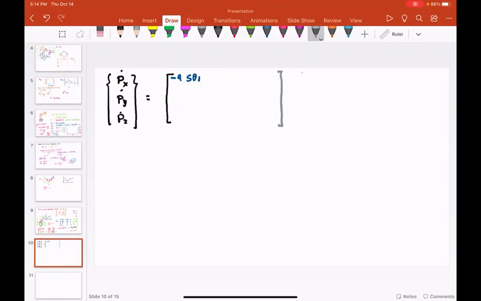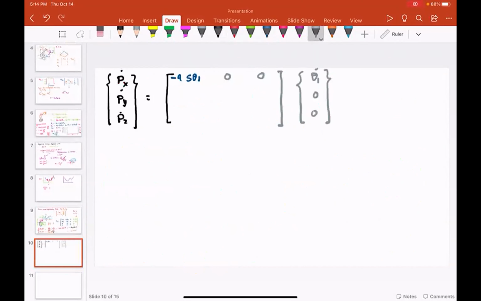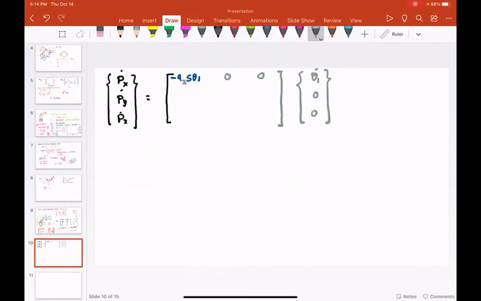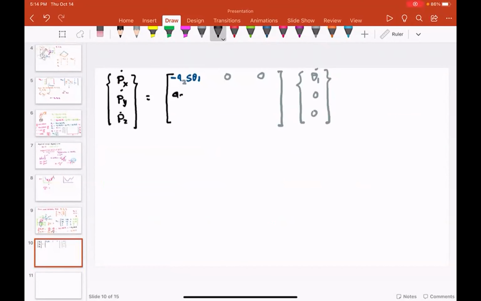Even though this matrix will be unpopulated, A2 sine theta 1 goes here, and here there will be 0, here there will be 0. Then I'm going to have A2 sine theta 1 dot, then A2 cosine theta 1 dot. And here everything is 0.